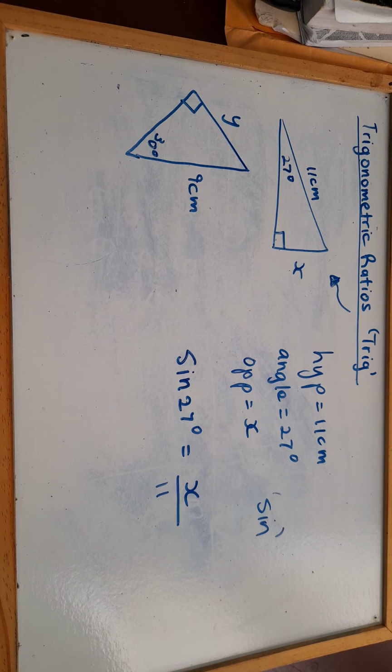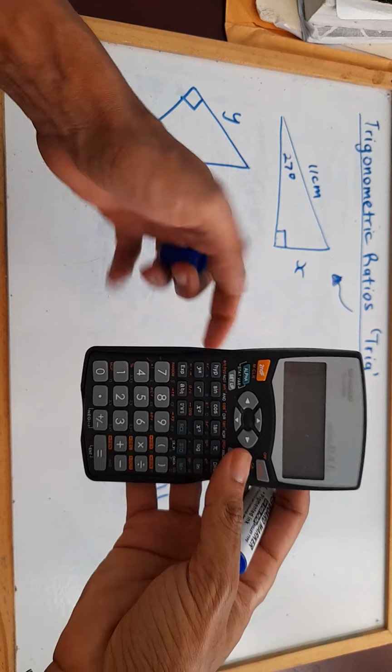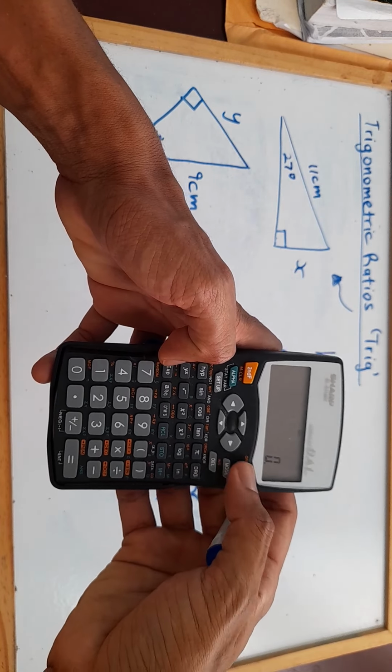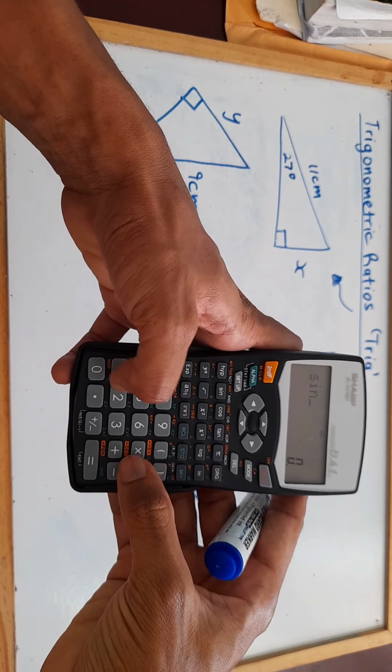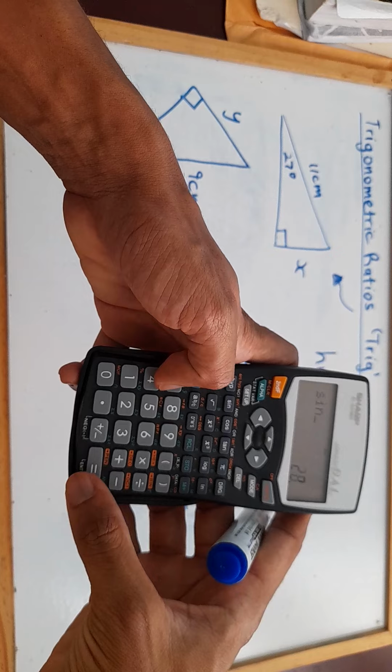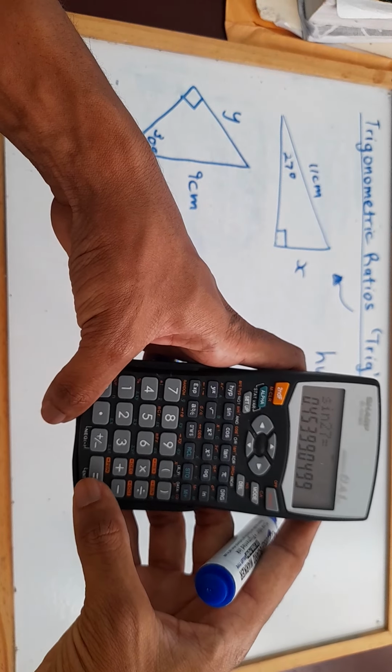Now the problem just becomes a matter of solving for x. You can type sine 27 degrees in your calculator.